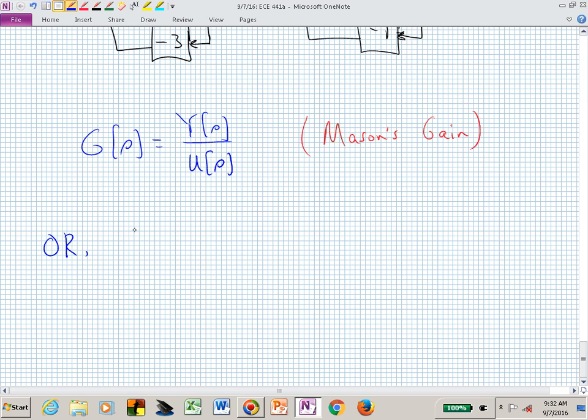You could find G of s from cheer number 1, where we used G of s is C (sI minus A) inverse B plus D. You have all of those from the very beginning in our state space representation. And that would require a symbolic matrix inverse of what size? 2. It's a 2 by 2.